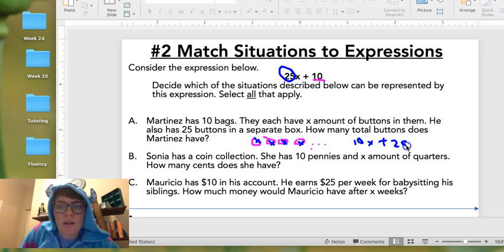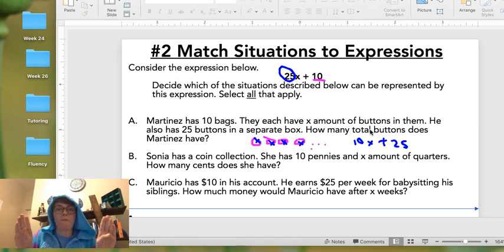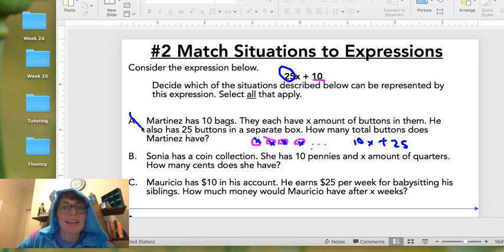If I look at this one, this is not the same as this. The constants and the coefficients have been switched. So A does not work. 10 is the coefficient here because 10 times X, that's how many buttons are in every single bag. Just like in the last problem, there were 2 sandwiches in our 6 bags for Mama Jones's children.